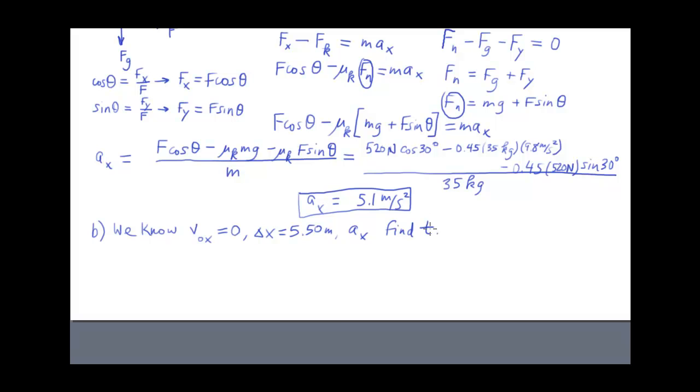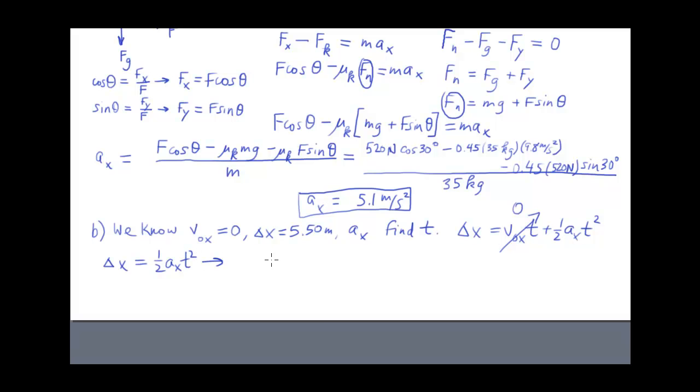So the equation that we want, after a little thought with kinematics, is this one. delta x equals v0x t plus 1/2 ax t squared. And what makes this nice is we know the initial velocity in the x direction is 0. So that first term on the right hand side goes to 0. We know then that delta x is 1/2 ax t squared.